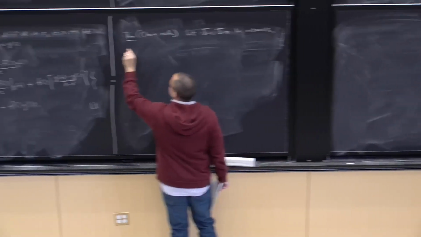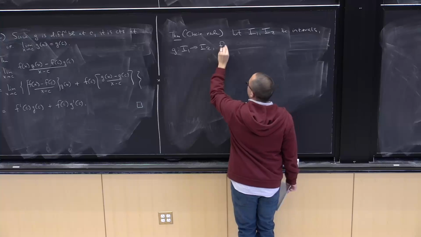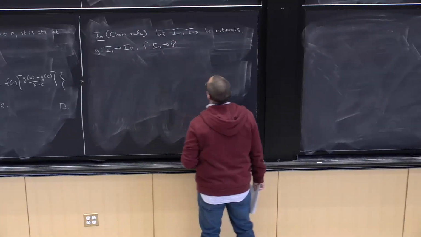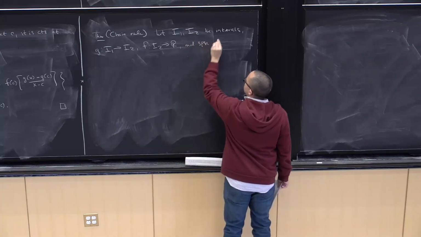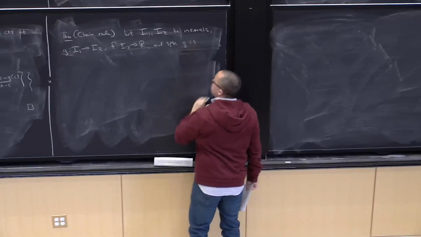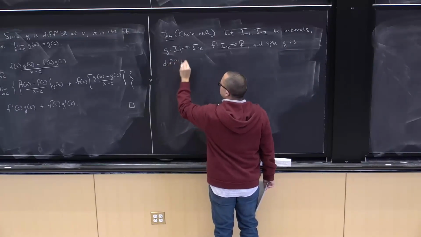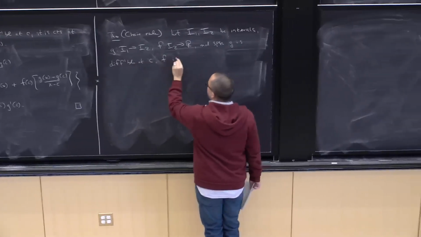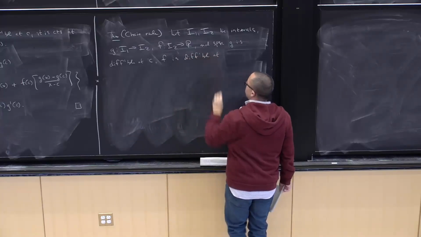And then I have a function g going from I1 to I2, f going from I2 to R. And suppose g is differentiable at c, and f is differentiable at g of c.